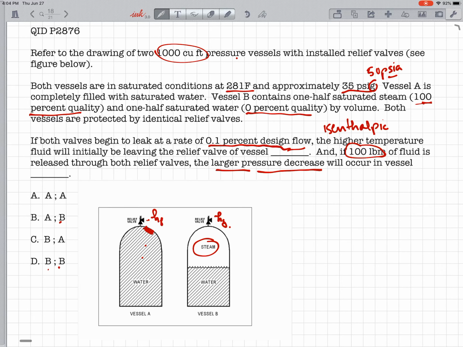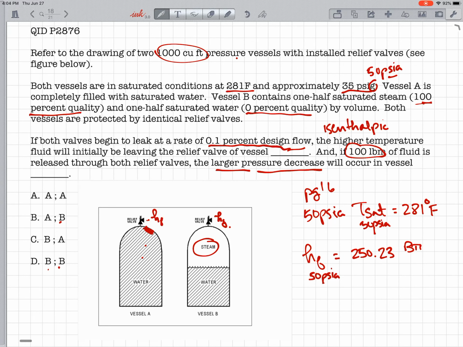So if you go to your superheated steam tables, that'll be the top of page 16. All right. 50 PSIA has a Tsat equal to 281 degrees. And it has an enthalpy of saturated liquid, and that number is equal to 250.23.